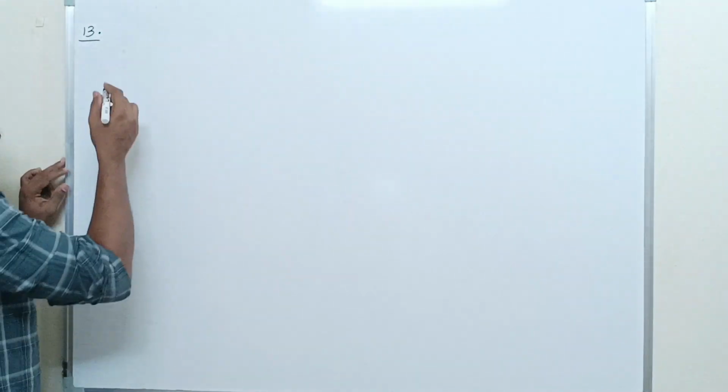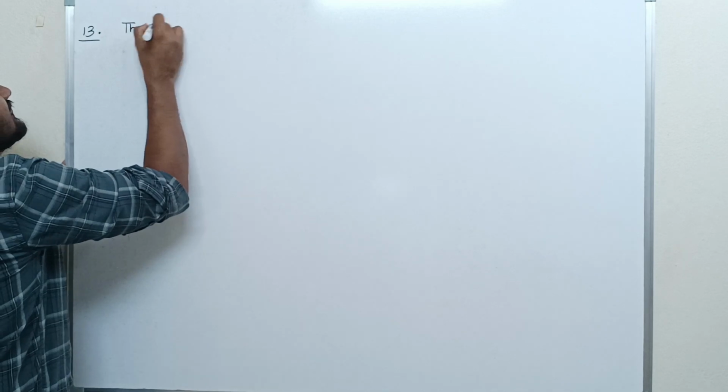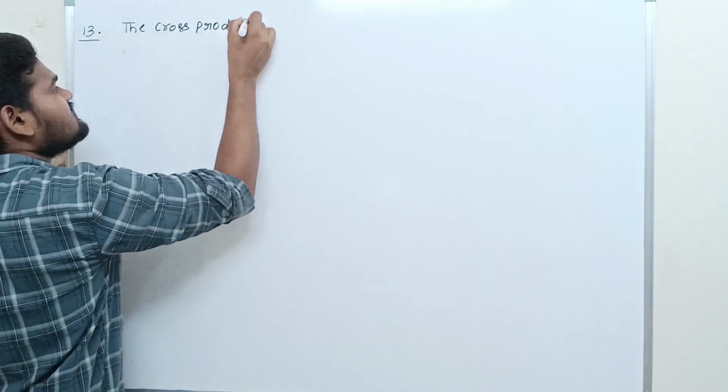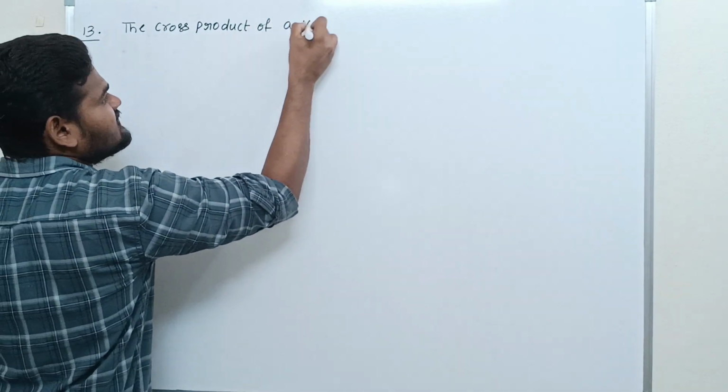So the 13th formula: the cross product of a vector with itself gives a null vector. Let us consider a vector a bar.